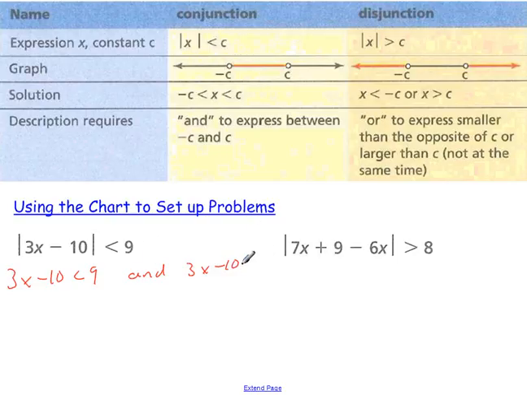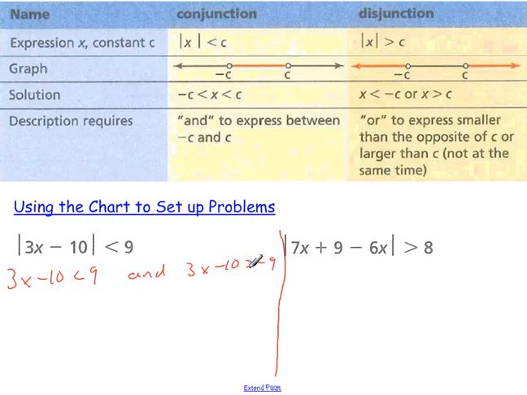So that compares to how the book did it earlier. And so you can automatically set it up this way, although I do prefer the other way because it doesn't require you to remember that you have to change this direction and make this a negative. So over here, this is a greater than.